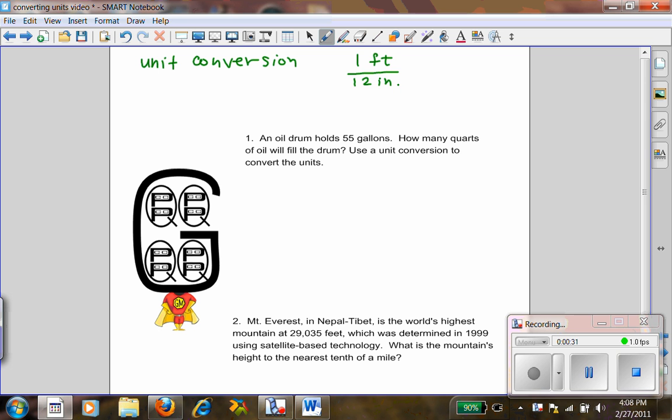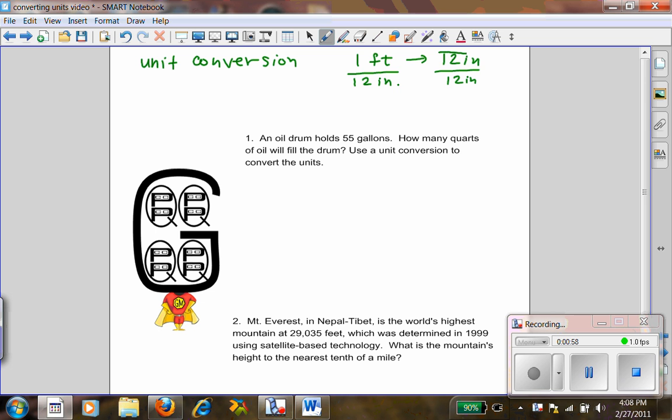Now, if I were converting between inches and feet or feet and inches, this is the unit conversion I would use because this is still Mr. 1. Do you see it? It's because I could change 1 foot to 12 inches and I would have 12 inches on the bottom. So 12 over 12 is Mr. 1, and so is inches over inches.